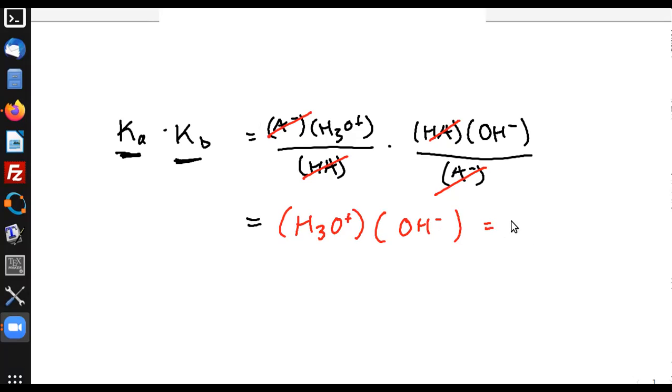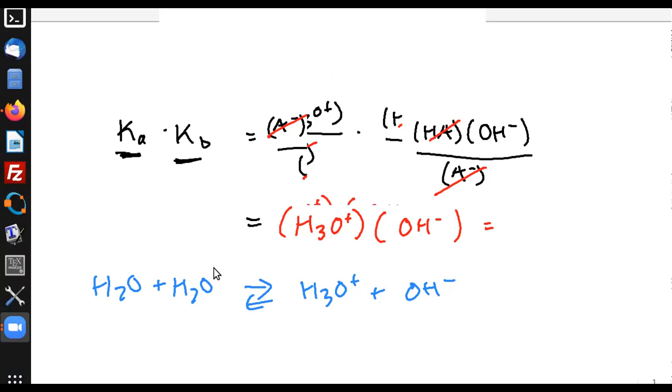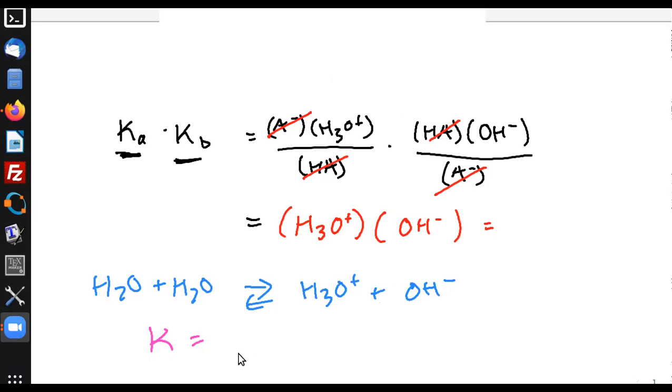And what is this? Well, we can actually take the water molecule and let it react with another water molecule and exchange protons or hydrogen ions with each other, so then we will have H3O plus and OH minus. And if we write the equilibrium constant for this, we can call it Kw because it deals with water.